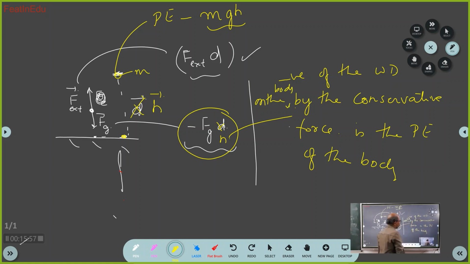Negative of the work done on the body by a conservative force is the potential energy of the body. So here already the work done is minus Fg h. Negative of minus Fg h.